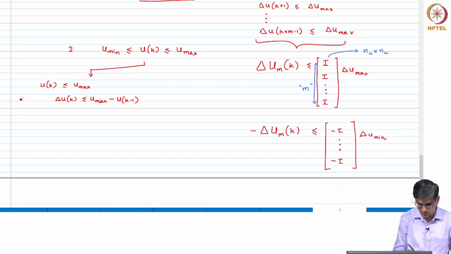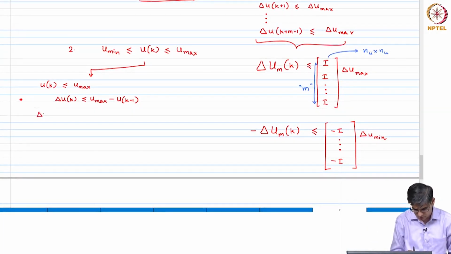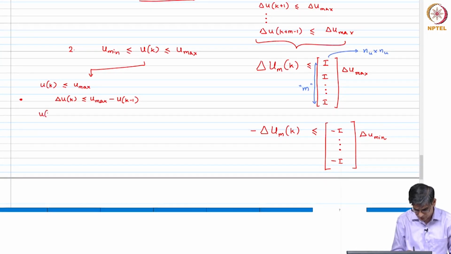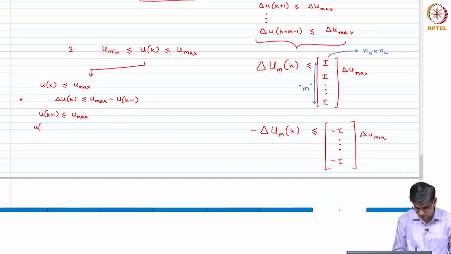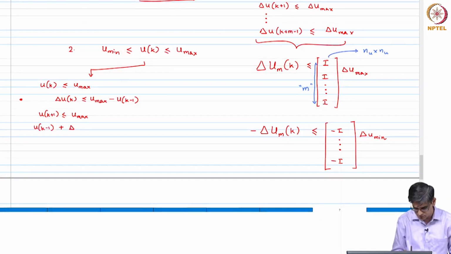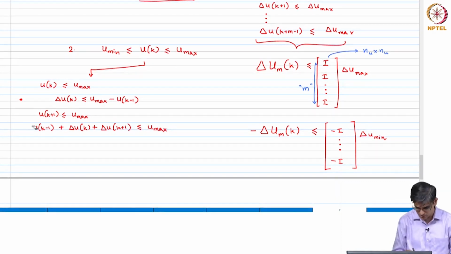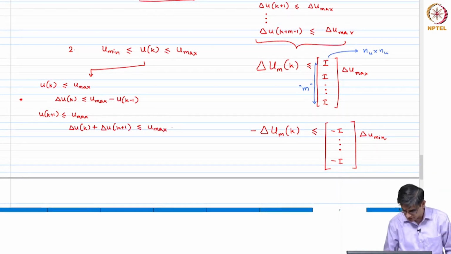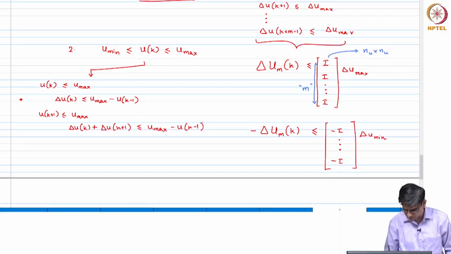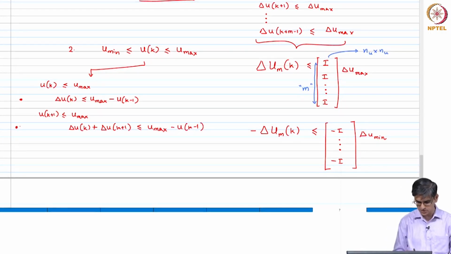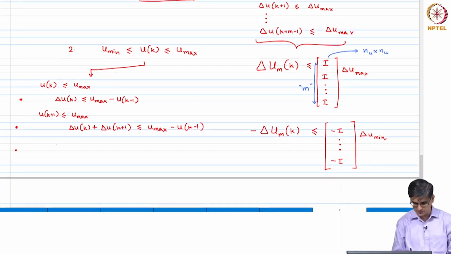That is the first constraint. uk plus 1 less than or equal to u max is nothing but uk minus 1 plus delta uk plus delta u k plus 1 is less than or equal to u max. So, you take this on the other side and you have your other constraint. I hope you are seeing the pattern developing.